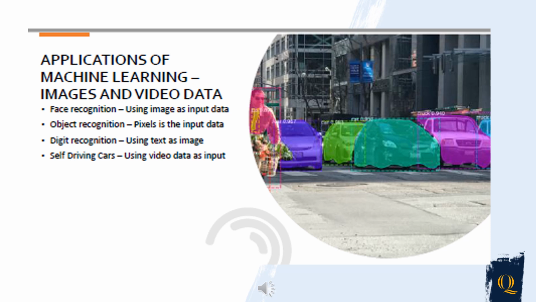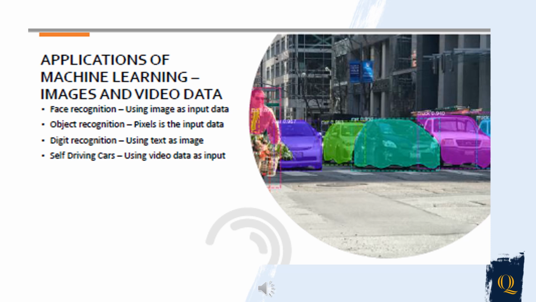Machine learning applications involve images and videos. They're becoming increasingly common and impactful in today's world. Let's take a closer look at some of these applications. First, face recognition. It uses image data as an input to verify or identify a person's identity based on facial features.